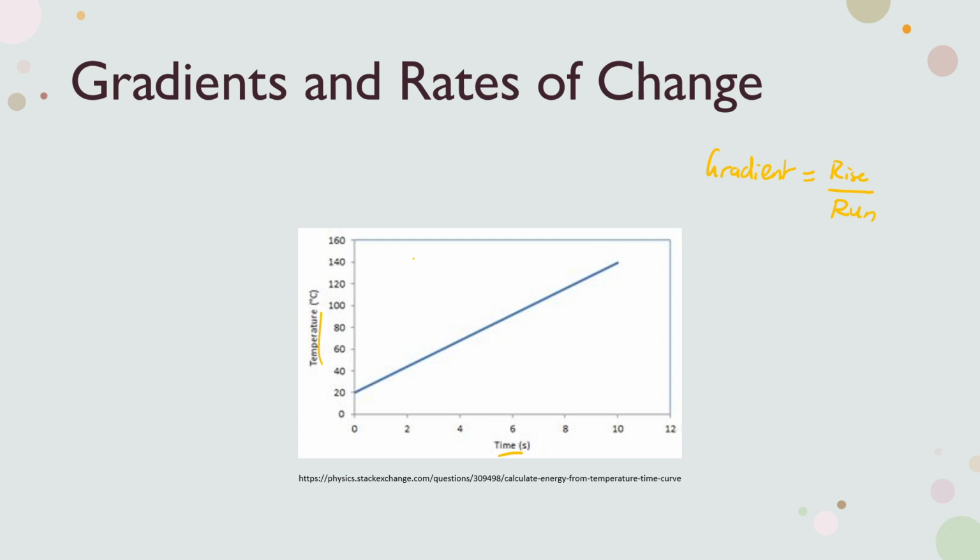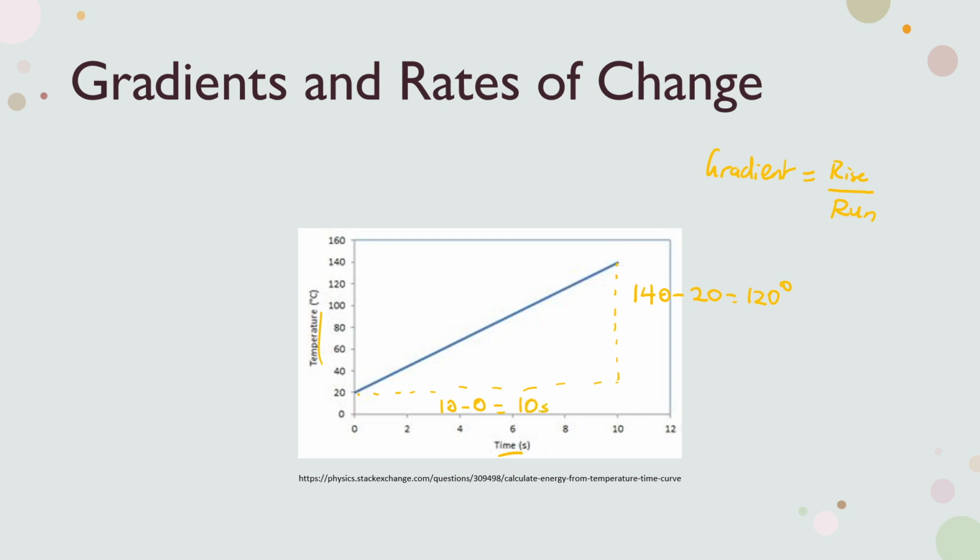In this case, rise is 140 minus 20 degrees, which comes to 120 degrees. That's the increase of temperature that we've seen over the graphed period of time. The run is the time that's progressed. We can determine that by doing 10 minus 0 seconds. That's 10 seconds in total.